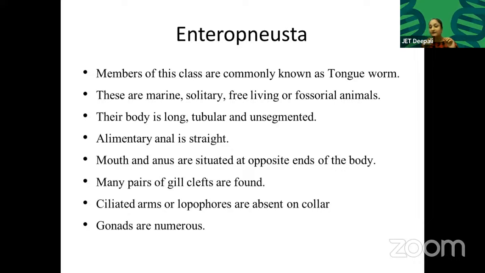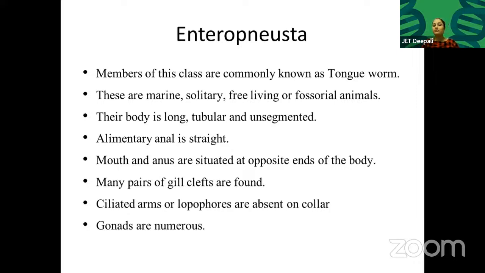The alimentary canal is straight because they are tubular. Mouth and anus are situated at opposite ends of the body.